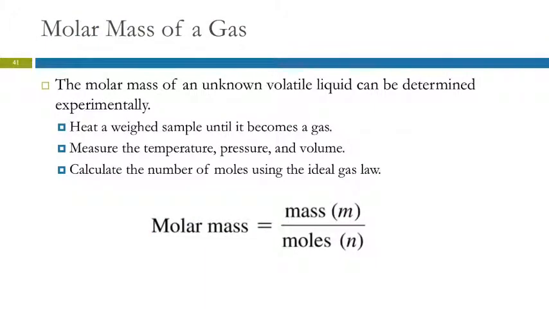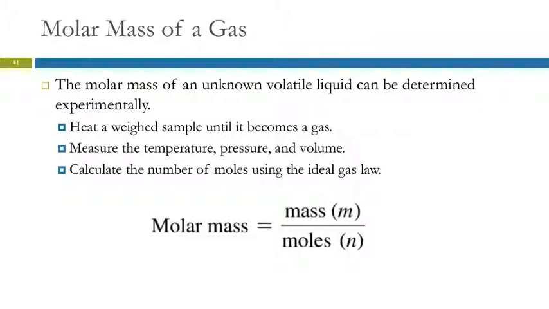We can also use the ideal gas law to calculate the molar mass of a gas. And we're going to do this in lab, I think, on Wednesday. You can take a volatile liquid. Volatile means that it evaporates easily, has a low boiling point. We can heat a sample of this and turn it into a gas.